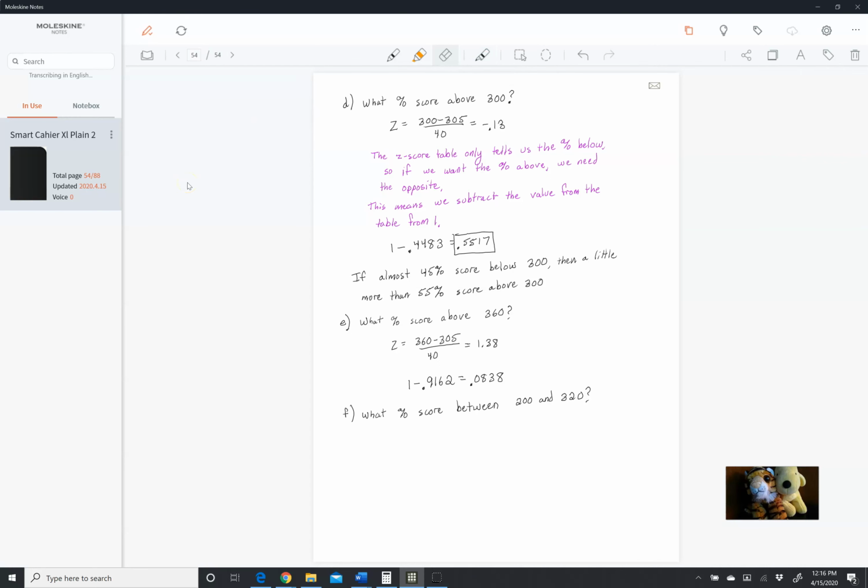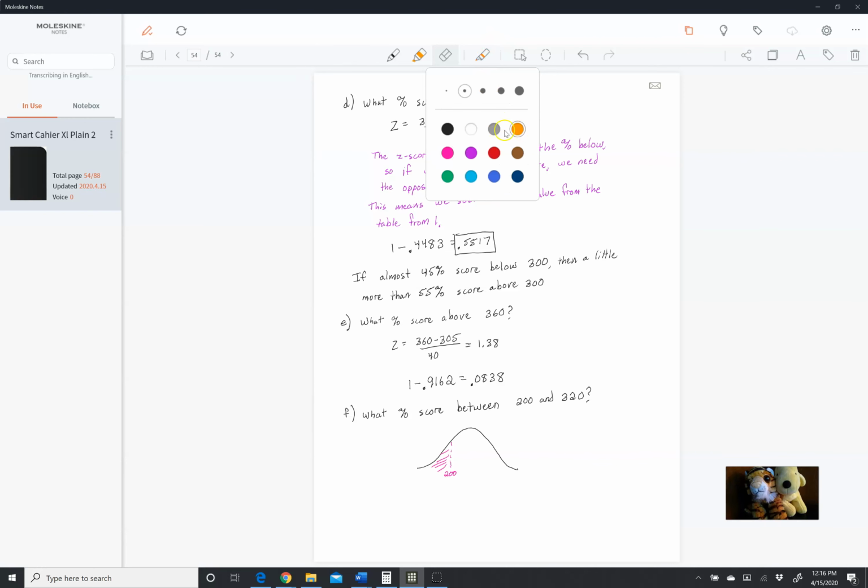if we just kind of sketch this, okay, what the z-score does in the table is it tells us, okay, here's 200. And if we go to the table, we can figure out what's this area? And we can also figure out what's this area? Okay?